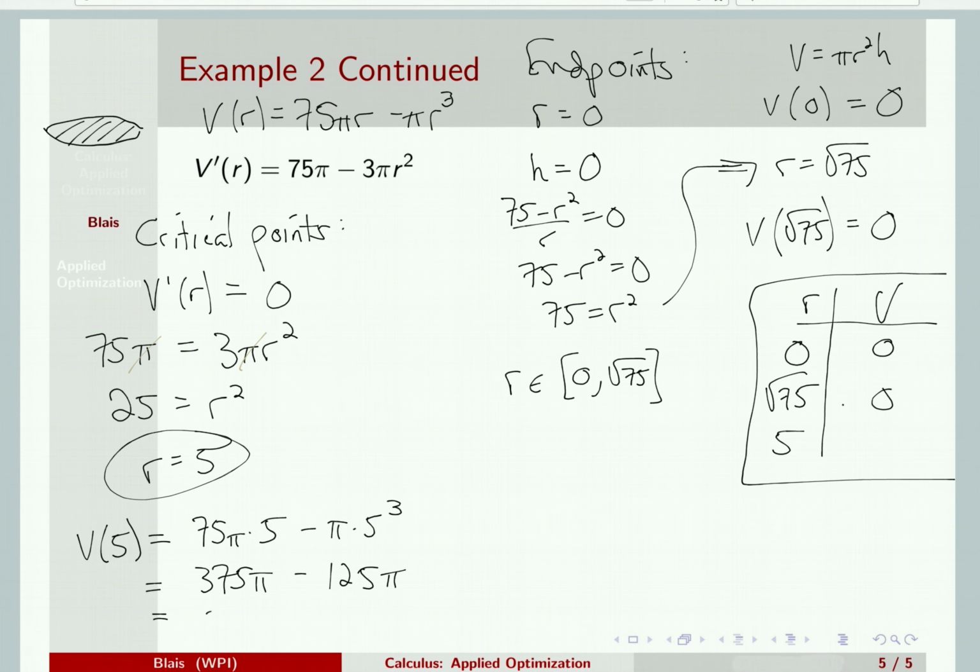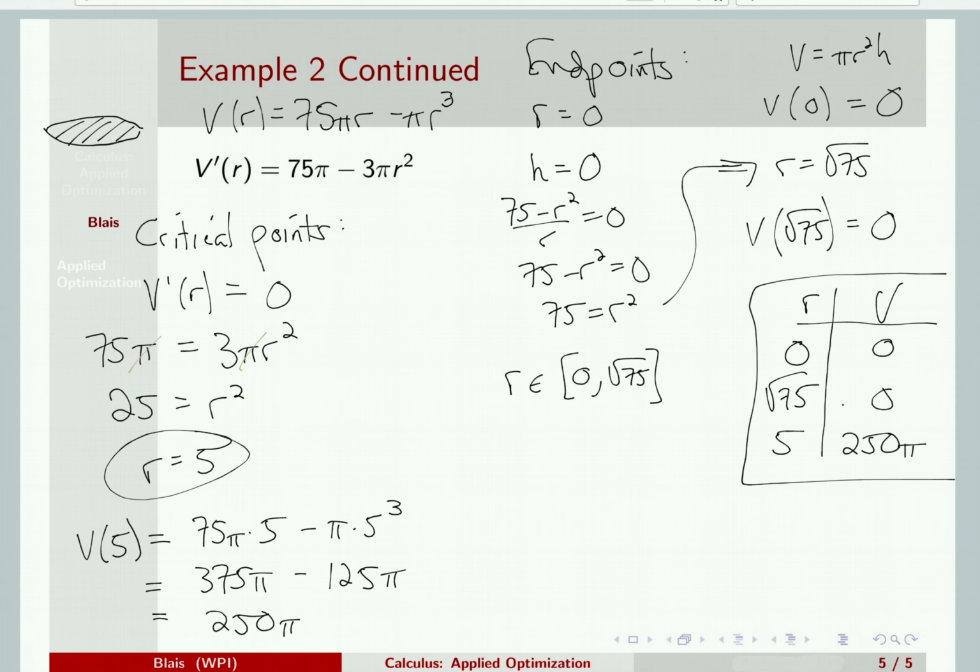And so this gives us 250 pi. And so this is our optimal radius. We have a maximized volume of 250 pi square centimeters.